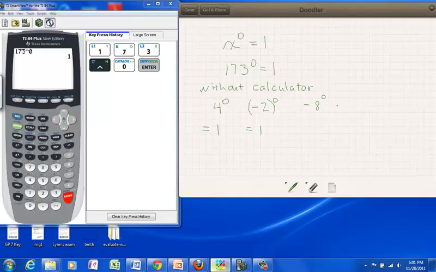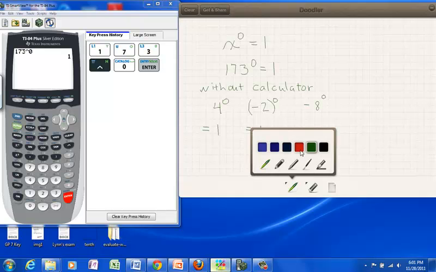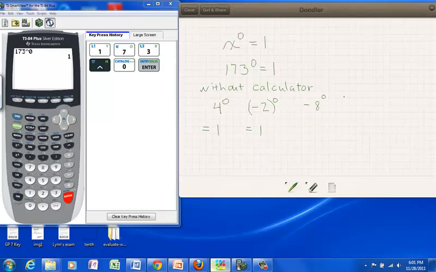Then we get over here and we have to realize that because there's no parentheses, the 0 power is being applied only to the 8.